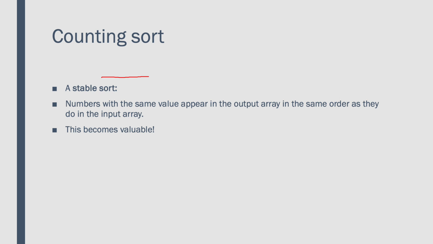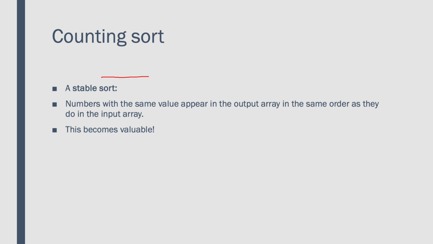For example, if we have the input 1a, 3b, 1c, the sorted output is 1a, 1c, 3b. Notice that 1a appears before 1c in both the input and output. This is because counting sort is stable. Why is stability valuable?